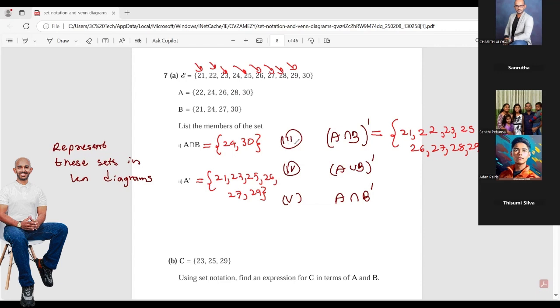So they are the elements which are not in the A intersect B set.